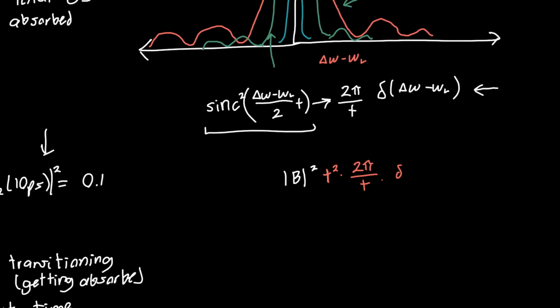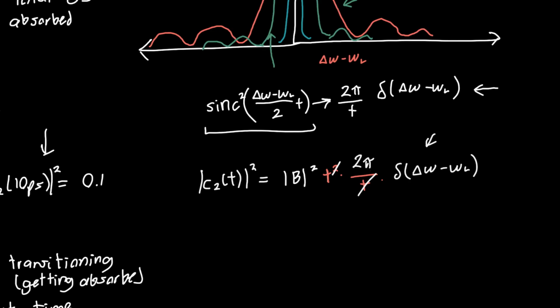Oh, and actually, I should be writing these in white because they're not functions of time. That was the beauty of this simplification. So 2 pi over t, this delta function, there's no longer an ugly function of time in it. It's just sort of sitting there. And so these t's cancel, and we've got magnitude of c2 t squared is just equal to this.